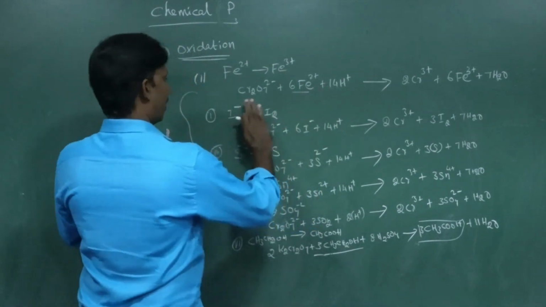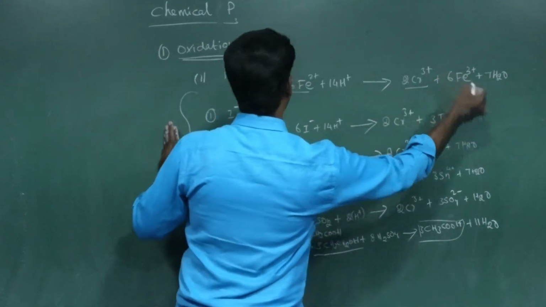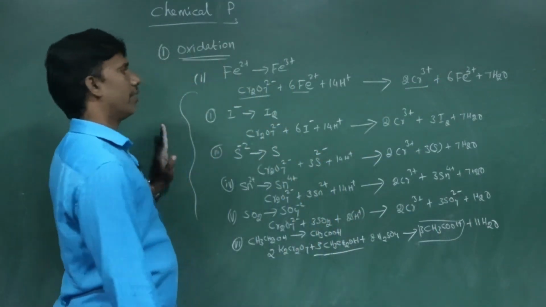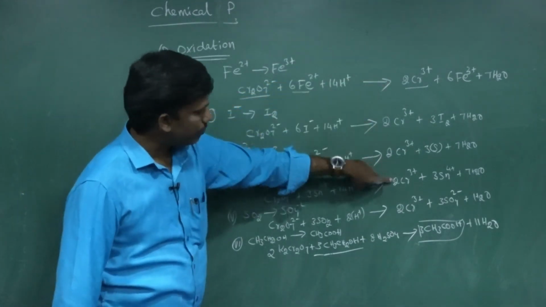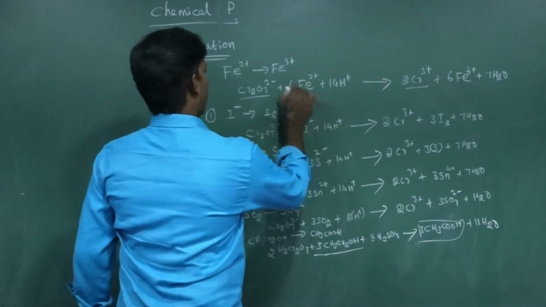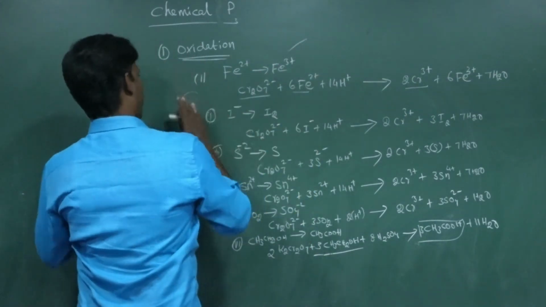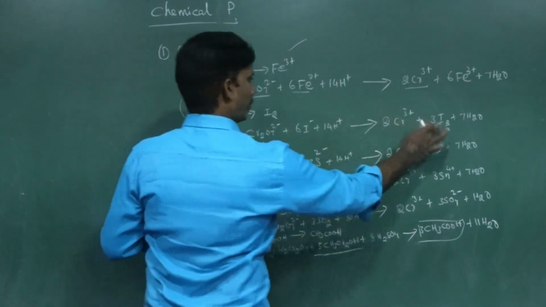Look there, all dichromate anion will become Cr3+. In all cases you are getting 2 Cr3+. Then the ion in your heading itself you are given: ferrous to ferric, Fe2+ to Fe3+, iodide to iodine.